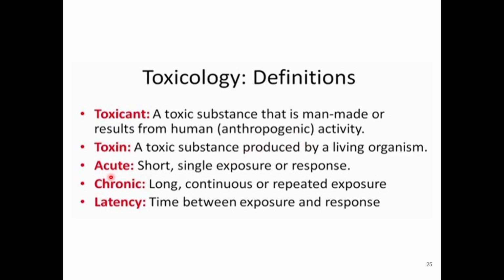So that is the difference. Acute, as we discussed, is short term, a single exposure or response. Chronic is long term, continuous or repeated exposure. And latency is the time between exposure and the development of symptoms and various responses, the time taken between the exposure and the response.